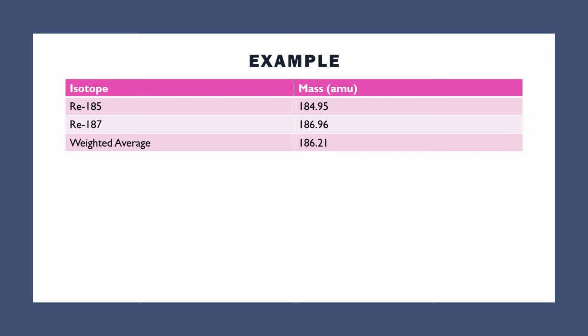So I'm going to use X and Y to represent abundance, and then from the abundance, we can change that back into a percent. So if we think back, you would need to take the mass of the first isotope times X, the mass of the second isotope times Y, and then add up both of those to give us our weighted average.